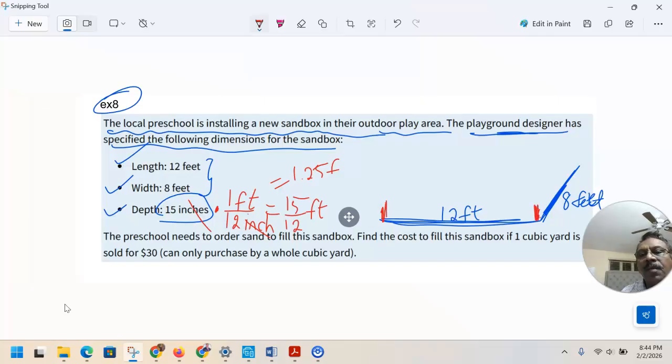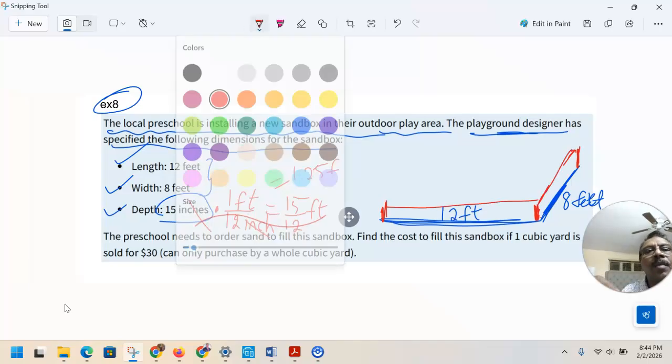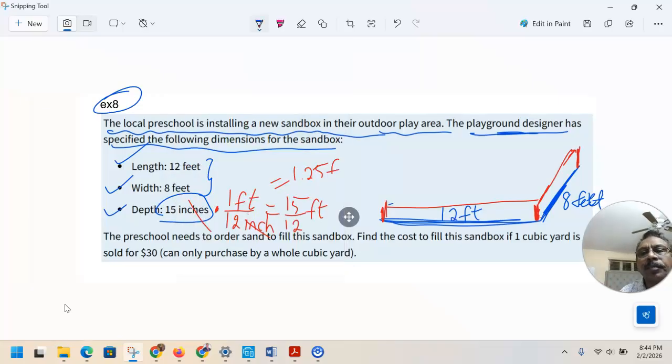So I'll have to draw it like this, and this 8 foot will be like this. Each one is 1.25, and this is the height.